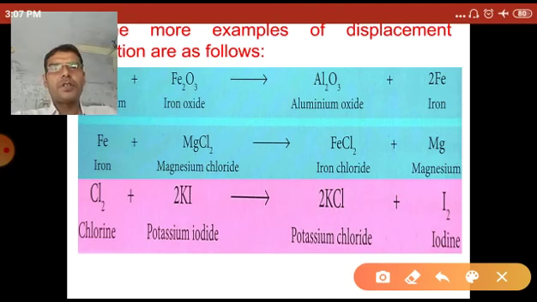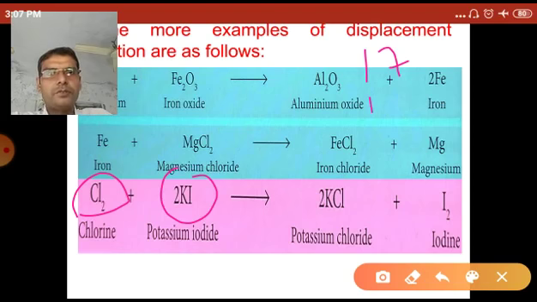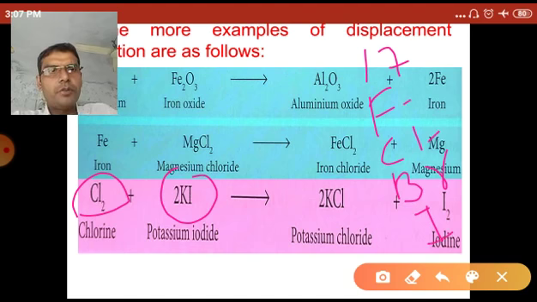In these reactions, we can see non-metals participate in the reactions. Chlorine and iodine, these are all halogen group elements, which are non-metals. In the halogen group, that means group 17, when we move from top to bottom, we have fluorine, chlorine, bromine and iodine.